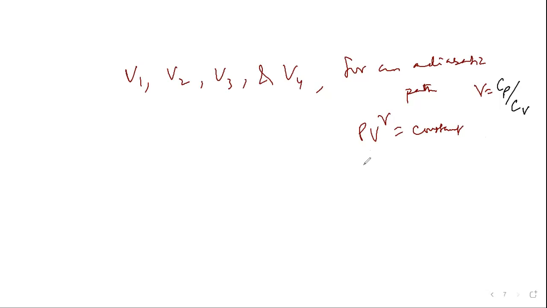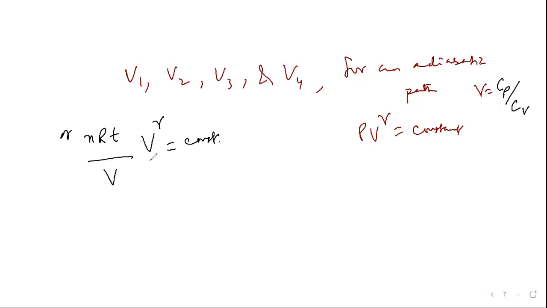And we can also use the ideal gas equation, so we can eliminate pressure. Instead of P, I can write nRT by V, raised to gamma, is equal to a constant, right?